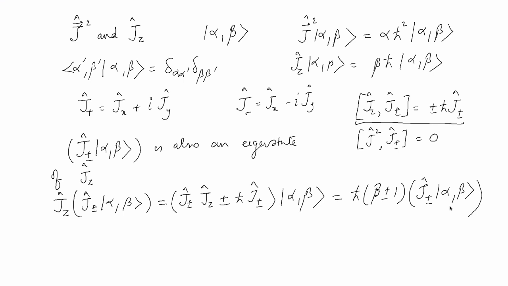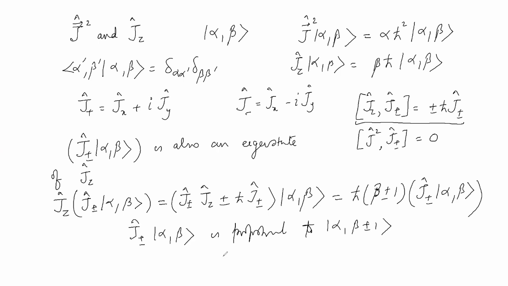So J plus or minus alpha beta is proportional to alpha beta plus minus 1.